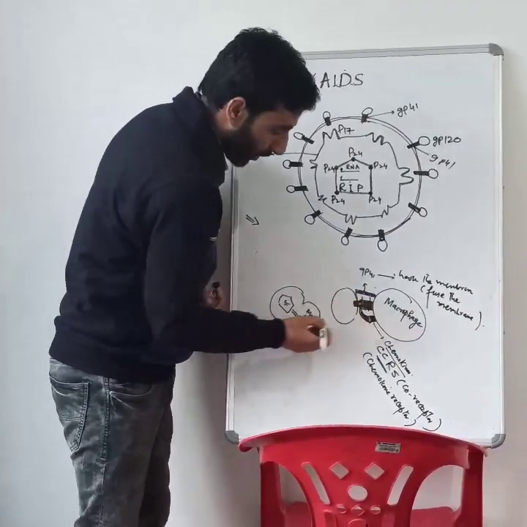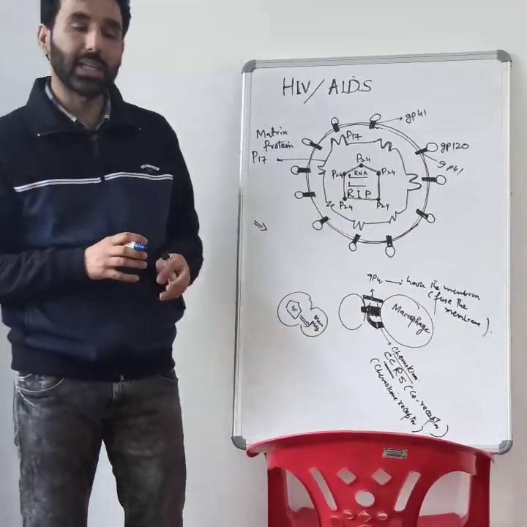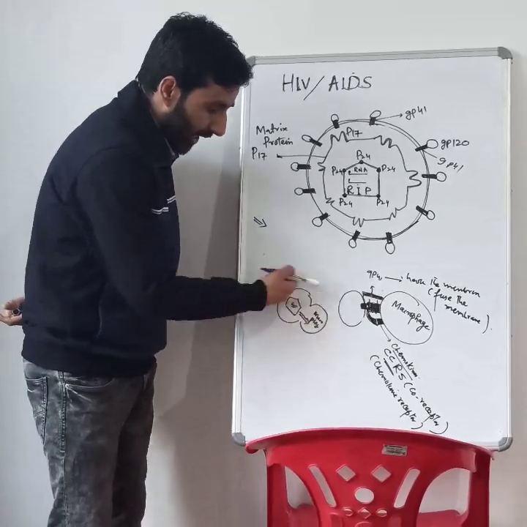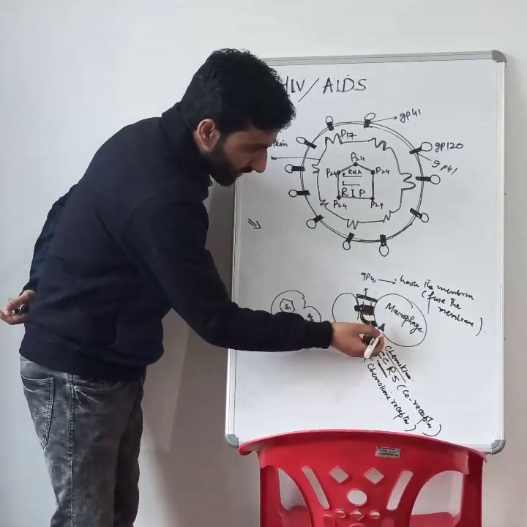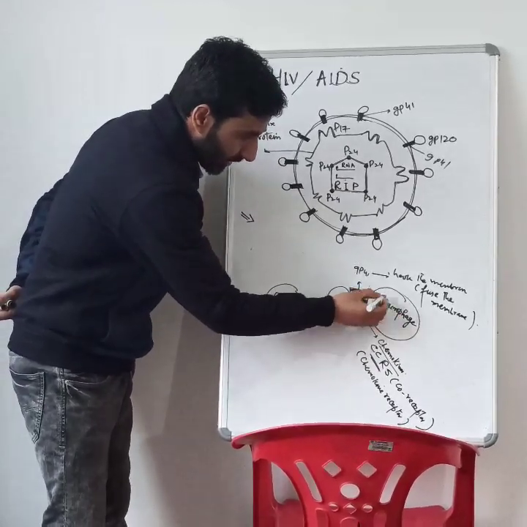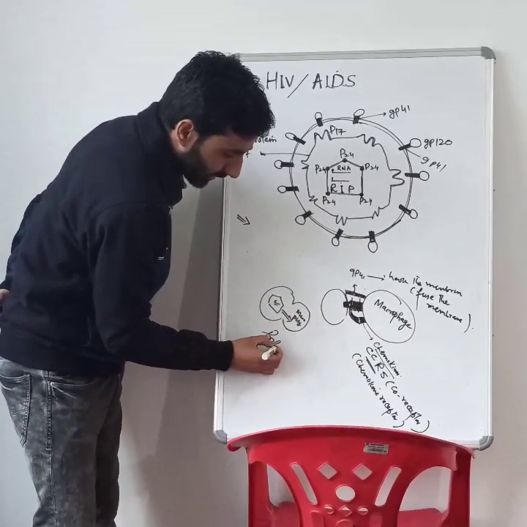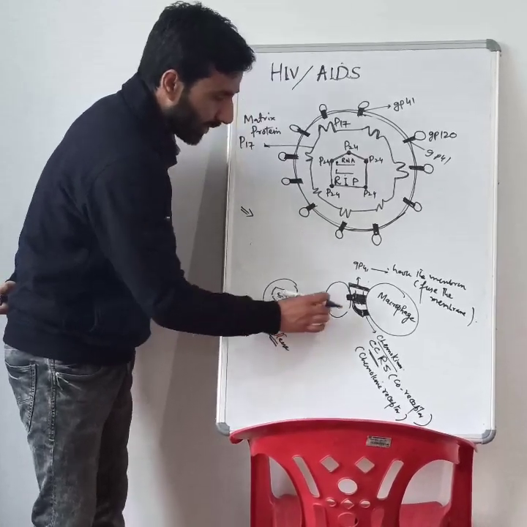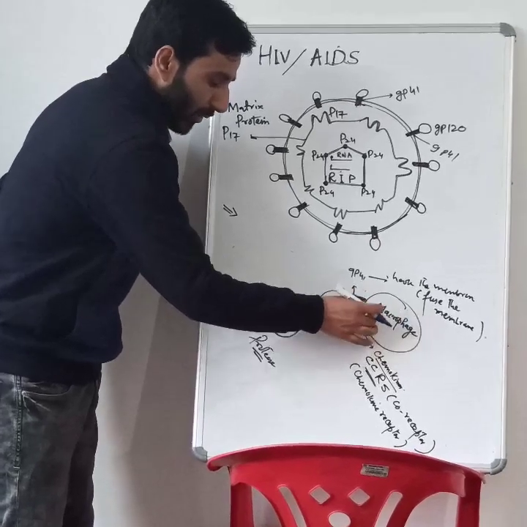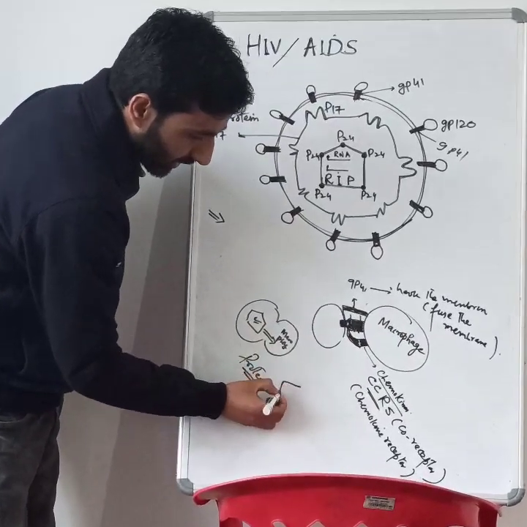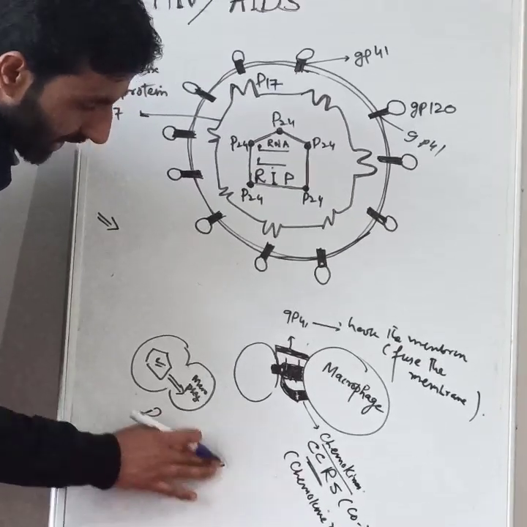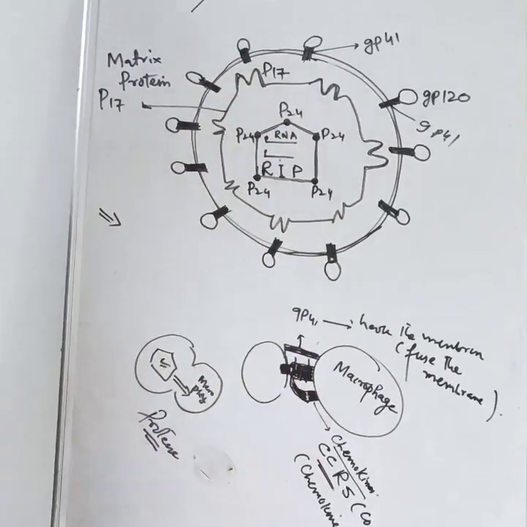Once it enters into the host cell, first of all what happens is that the proteases found in the cytoplasm of this macrophage will dissolve this capsid, and the genetic material is now there.